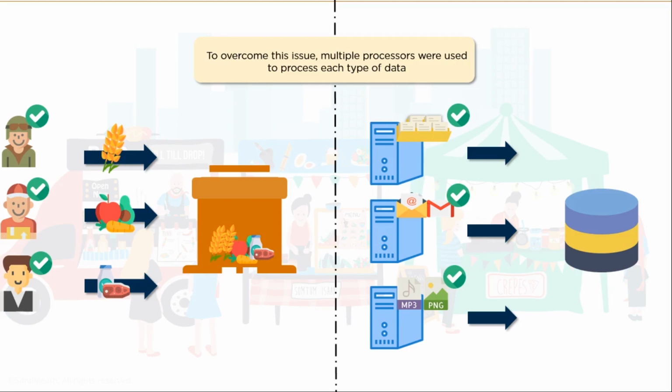So this is where we started seeing a shift in paradigm from a single processor to multiple processors, or I would say from a vertically scalable solution to a horizontally scalable solution. When you say vertical scalability, we talk about increasing the capacity of a machine. When we talk about scalability, we mean the capability to scale, the capability to expand. And when we talk about a single processor, that is vertical scalability.